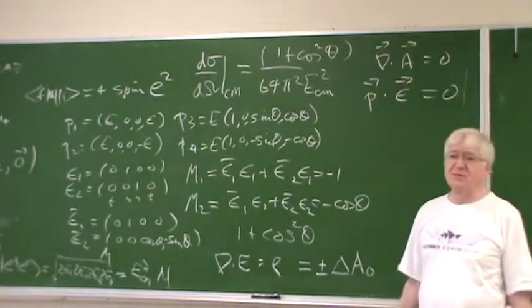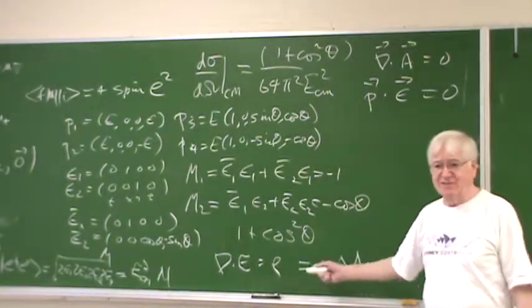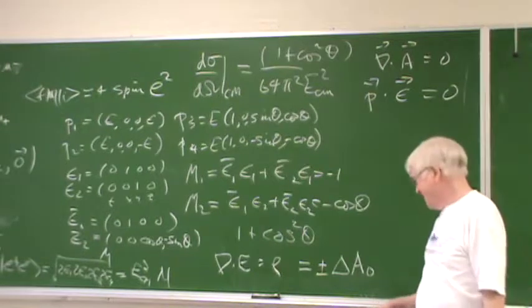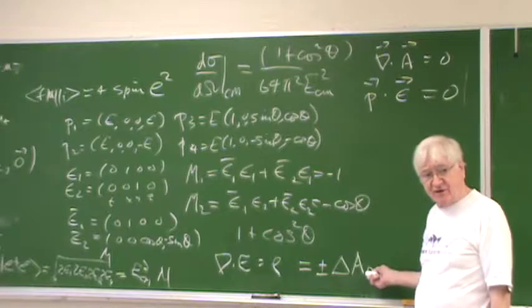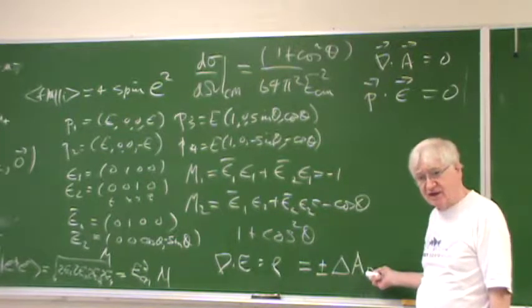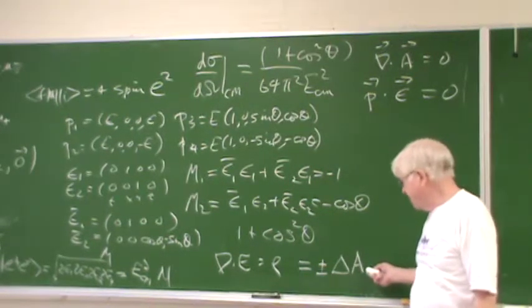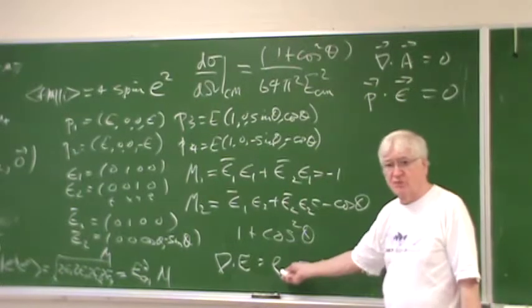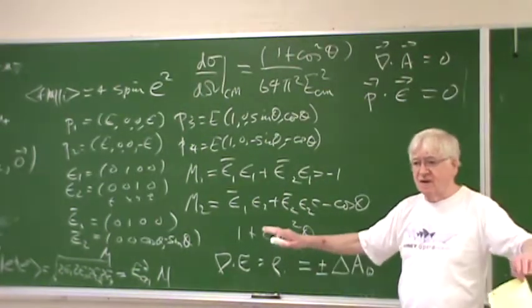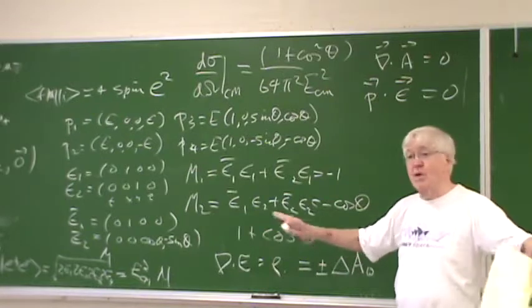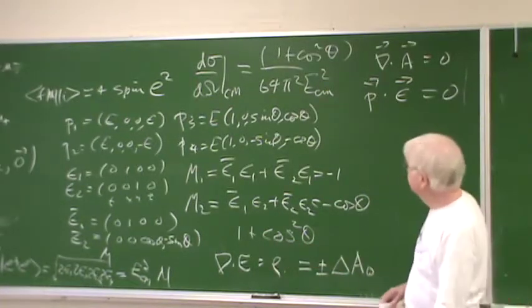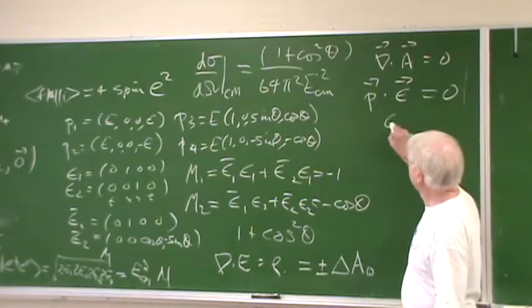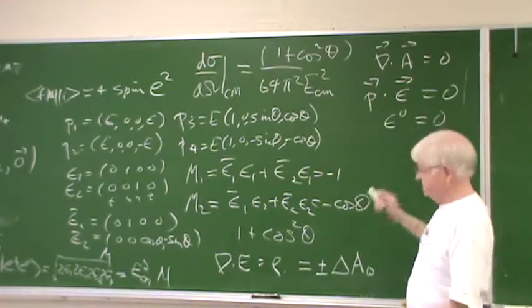And I better put a plus or minus because I'm not keeping track of the sign. So A0 is a dependent variable when you quantize in the Coulomb gauge. And A0 then is just some integral over rho, and so there's no A0 in the theory anymore when you quantize QED in the Coulomb gauge. So consequently, epsilon 0 is 0.